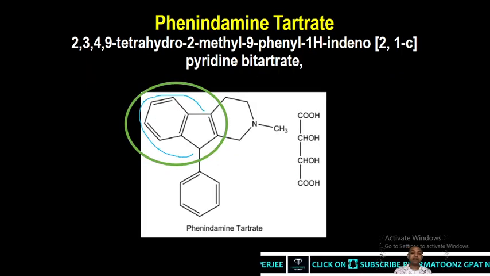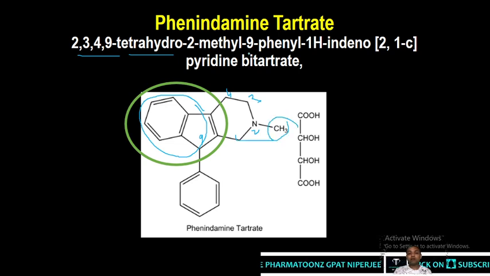Next is phenindamine. As I said, this is an indene ring system, and in the nomenclature 2, 3, 4, 9. So this is 1, 2, 3, 4, 5, 6, 7, 8, and this is the ninth position. All are saturated, so tetrahydro, 2-methyl, at the 9 position there is a phenyl, 9-phenyl, 1H.